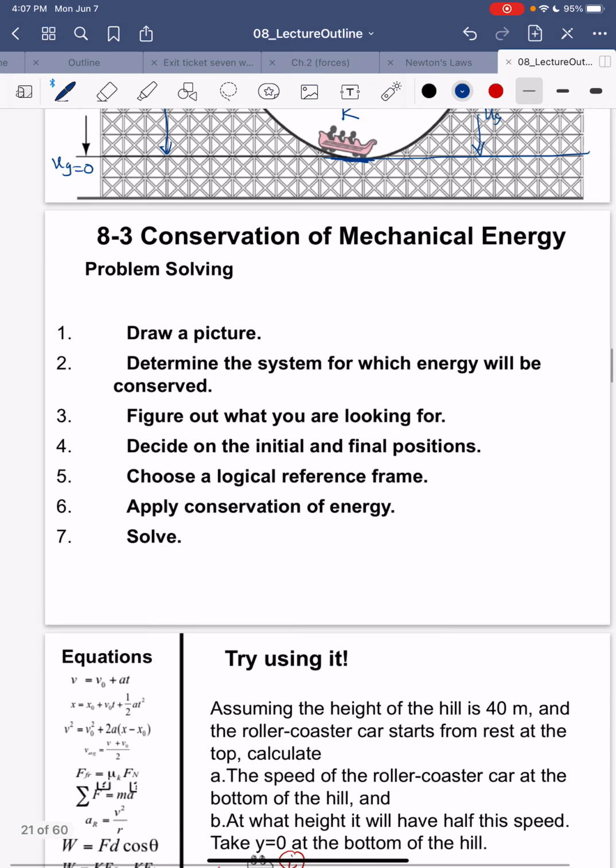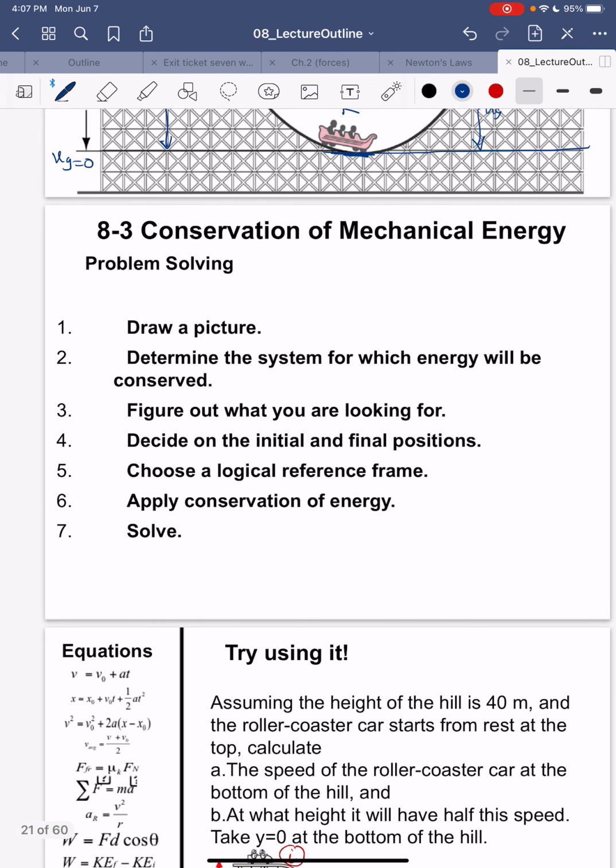Now, for conservation of energy, we need to draw a picture. Pictures are very good in visualizing what's going on. Also, I will determine the system for which energy will be conserved. And remember, I said system, which means it is more than one object, and usually 2.